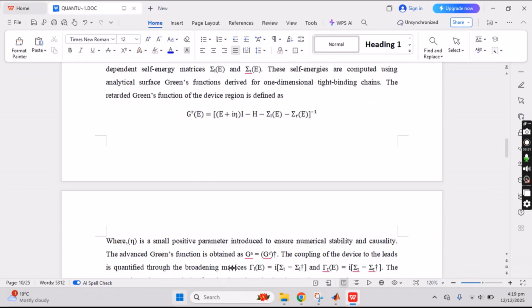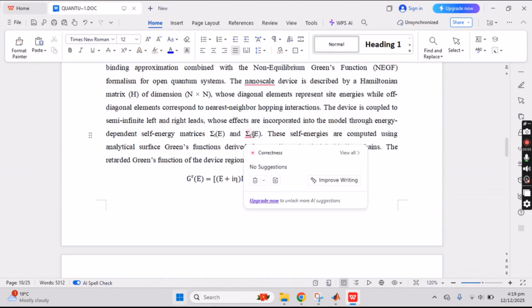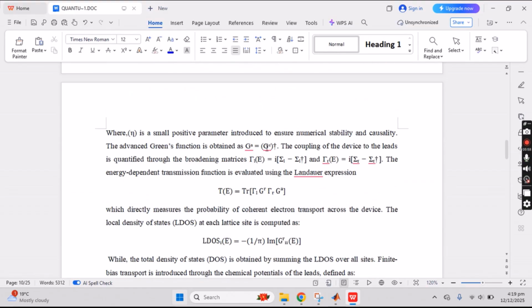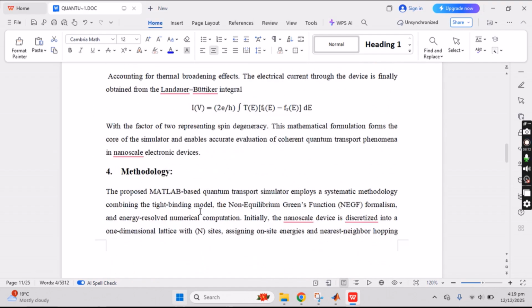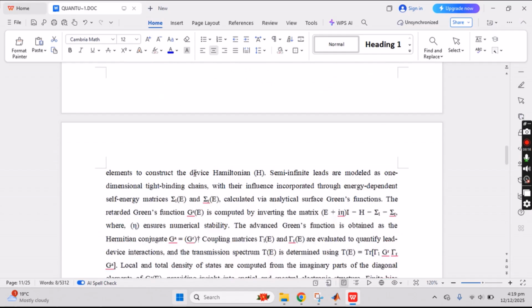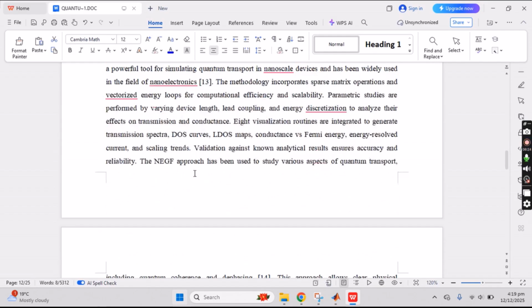In the mathematical model, I have added all the equations used in this model, including the Landauer expression, the local density of states, and all the integral formulas. The methodology is explained here, where I have added the conductance versus Fermi energy parameters.